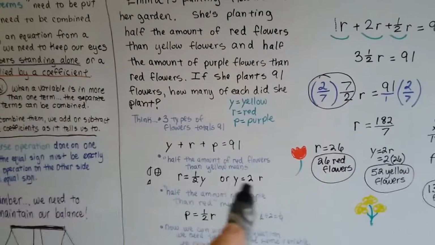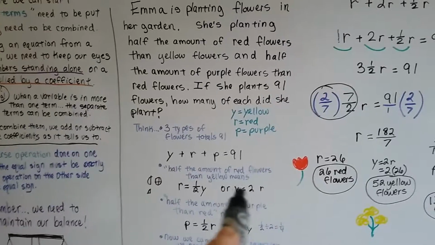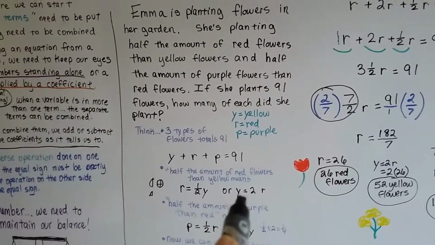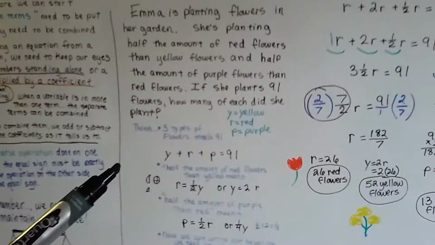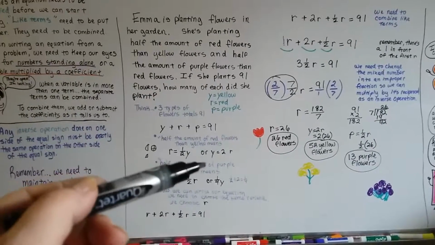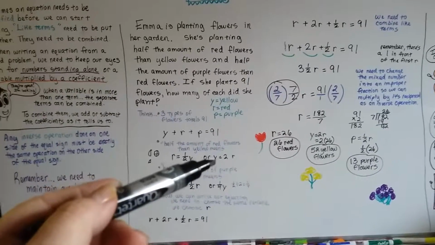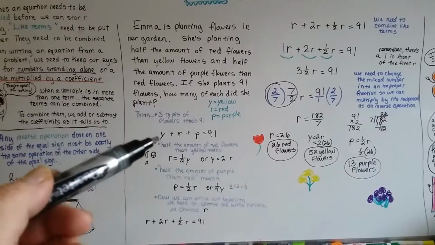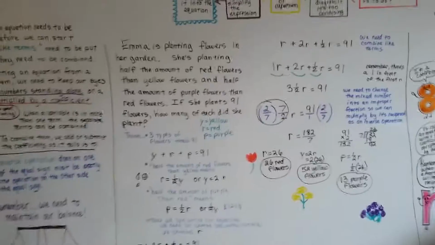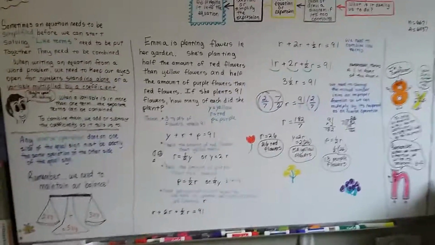Think open-minded that, okay, if the red are half the yellow, well, then that means there's 2 yellows. It doesn't mean you have a fraction and a fraction necessarily. We could have chosen y as our variable, and we could have done half of y, and we could have done a fourth of y if we wanted to. Then we would have had 2 fractions in there, see? So it's alternative ways to write these equations, all right?